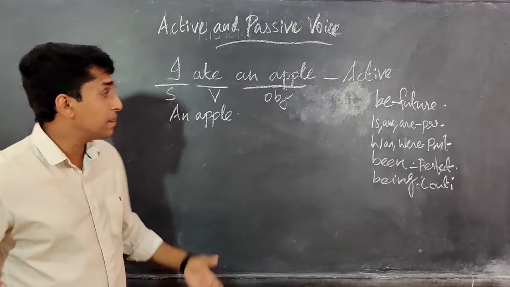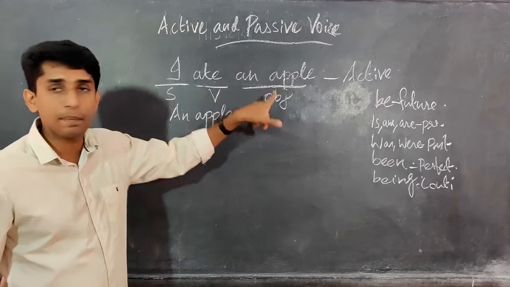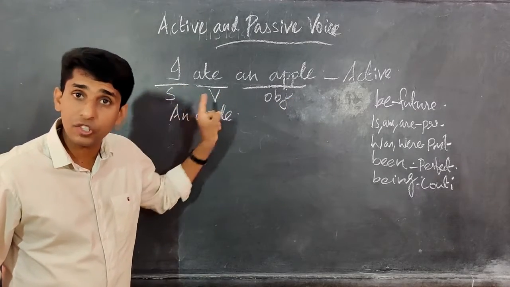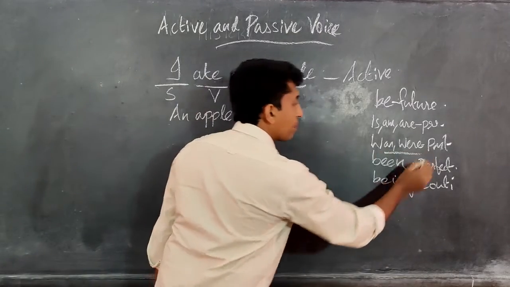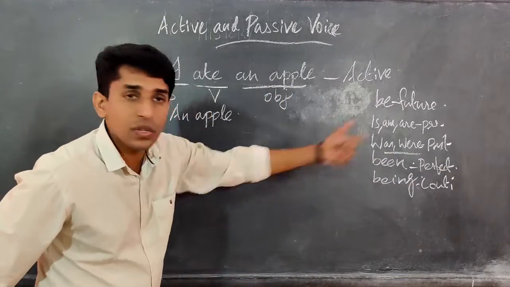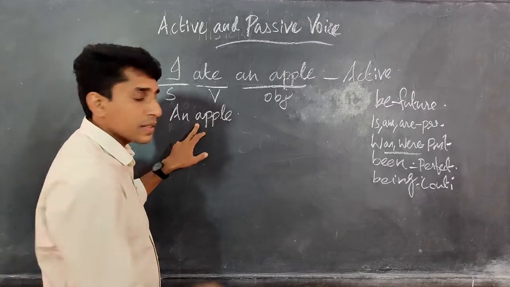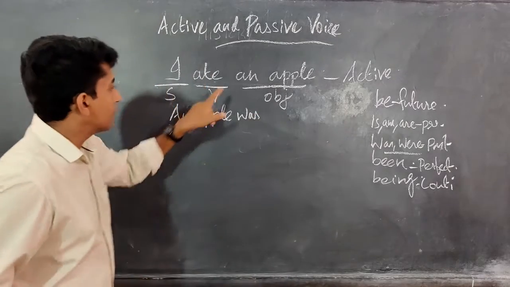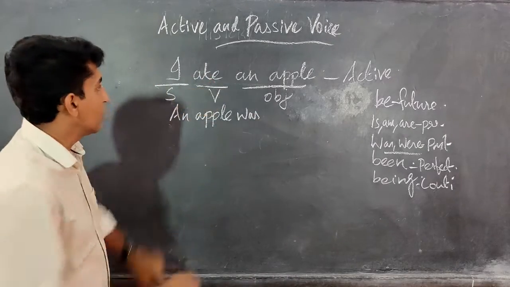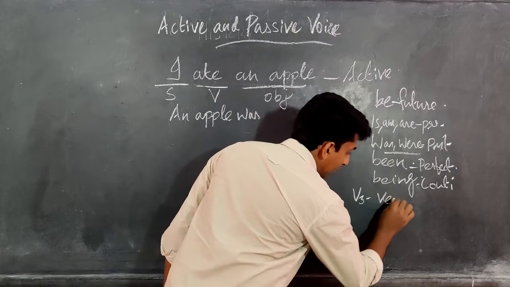So the sentences we may get this. What is the tense of this sentence? I ate an apple. This is simple past tense. The past forms of be are was or were. An apple is singular, so we have to use was. Then the verb here is eat. We have to use the V3 form of the verb in passive voice.